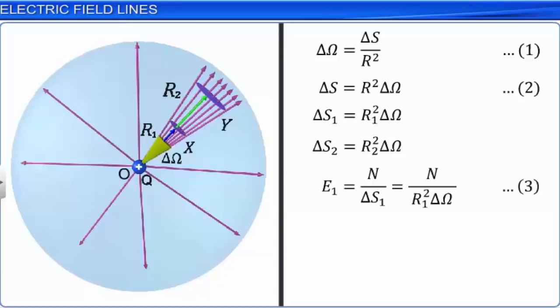Similarly, the electric field strength E2 at y is equal to n by delta S2, equal to n by r2 square into delta omega. Let this be equation 4.